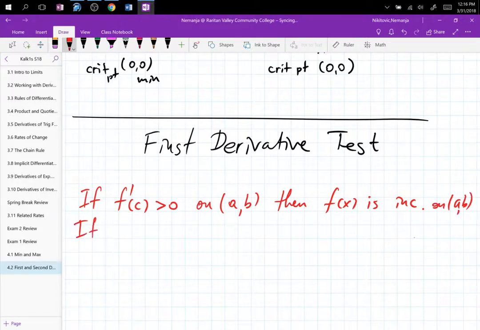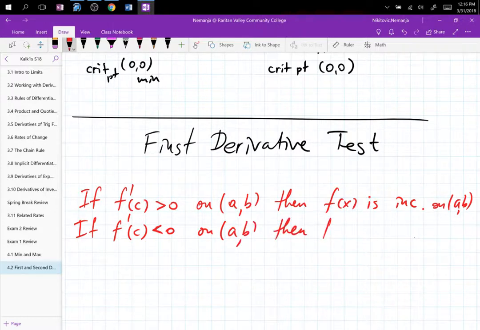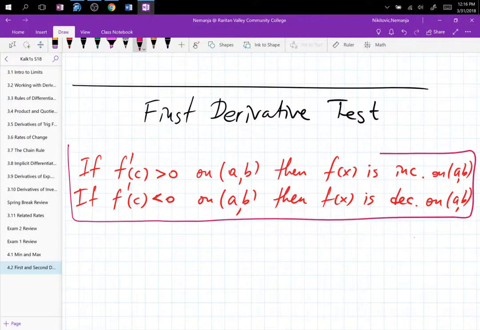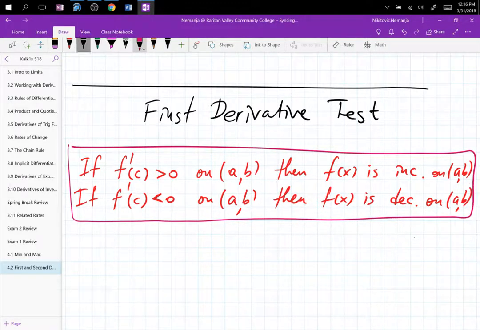And the second part, if f prime of c is less than 0 on interval a, b, then f of x is decreasing on a, b. And that's that. This is your first derivative test. There is also the part, which I hope you wouldn't ask about because we just had the lecture on it: if f prime of c is equal to 0, it's just a critical point. There's no interval there. It's a single point.